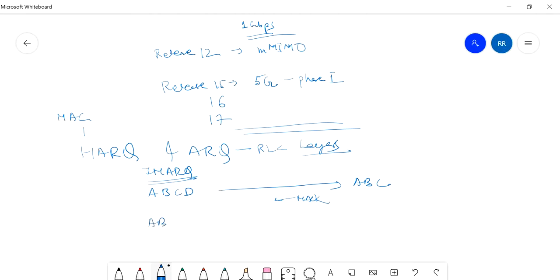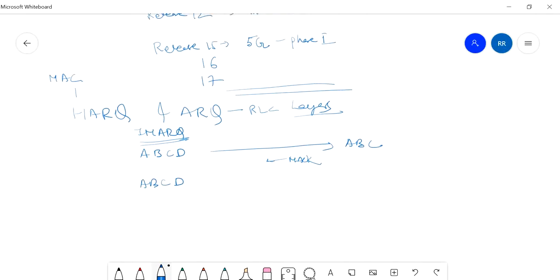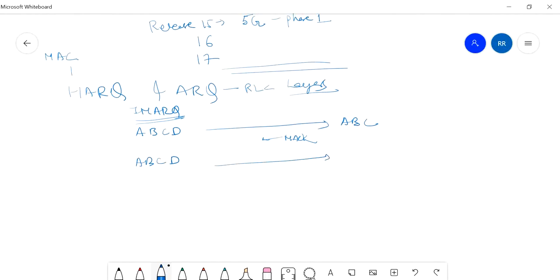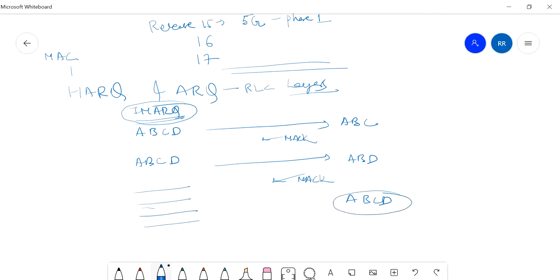And suppose we are sending ABCD and we get ABD, it will again send a NACK and ask to resend. In ARQ it will keep resending ABCD again and again unless and until it receives complete ABCD.